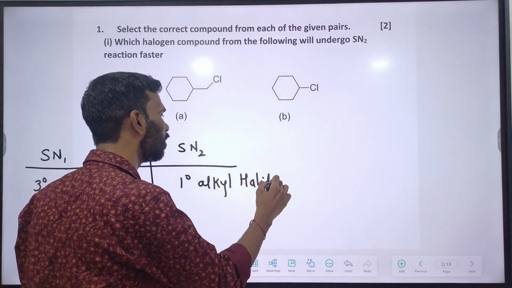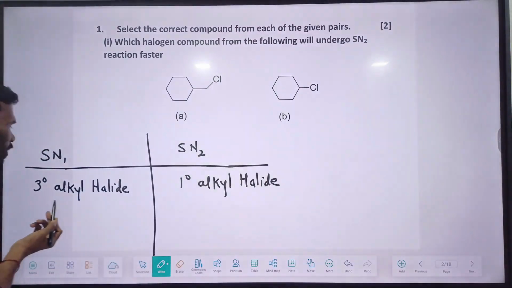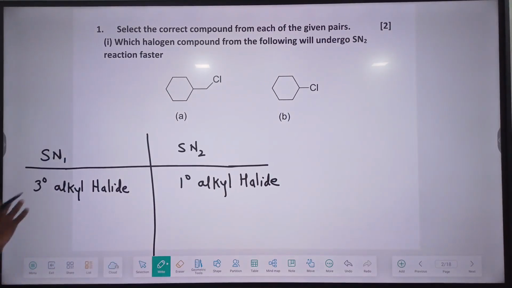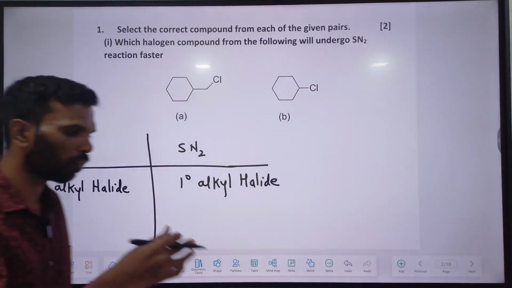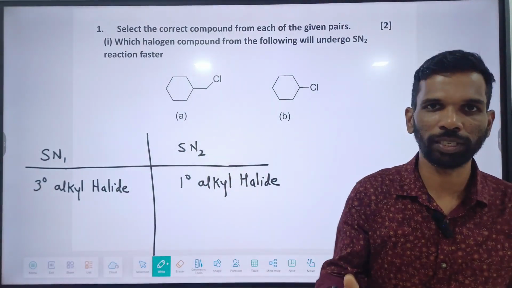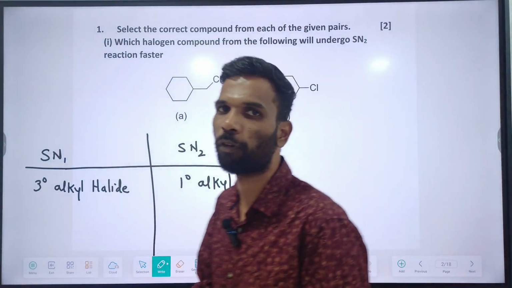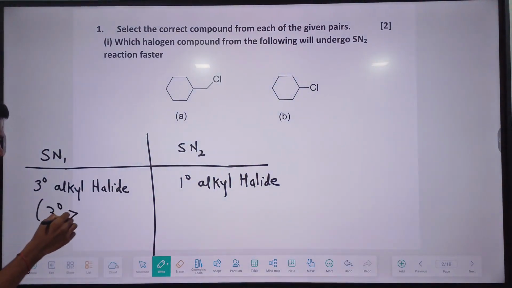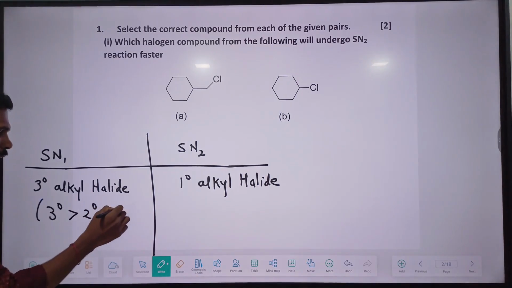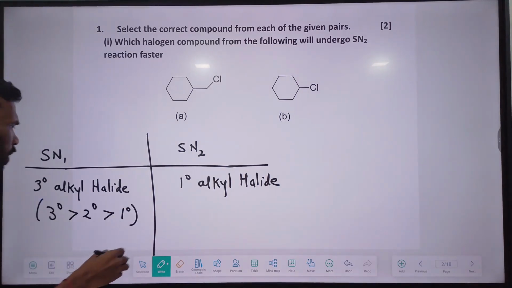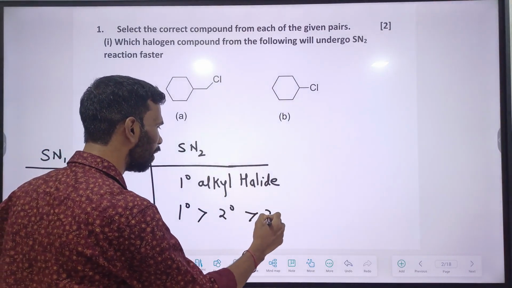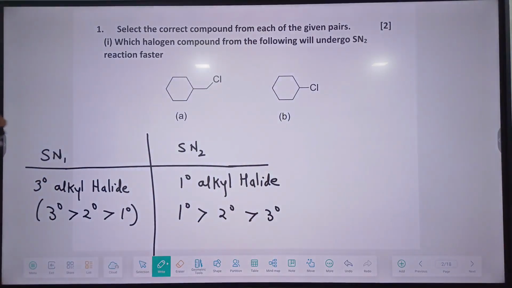This is the ideal condition for SN2 and this is ideal for SN1. The order of reactivity for SN1 is tertiary, then secondary, and then primary. Over here for SN2, primary is more favorable, then secondary, and least is tertiary. This is one difference you should know.